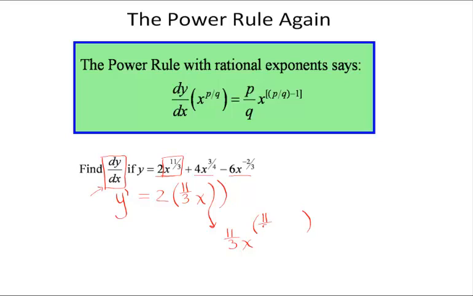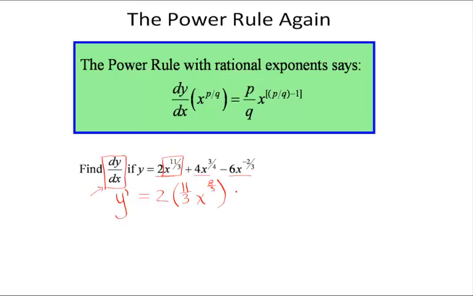Instead of writing 11/3 minus 1, it's my habit to write my 1 in a form that's helpful to me. So whatever my denominator is, if I have a fractional exponent, you're going to see me write my minus 1 like that. 11/3 minus 3/3 is a lot easier for my brain to handle than 11/3 minus 1.